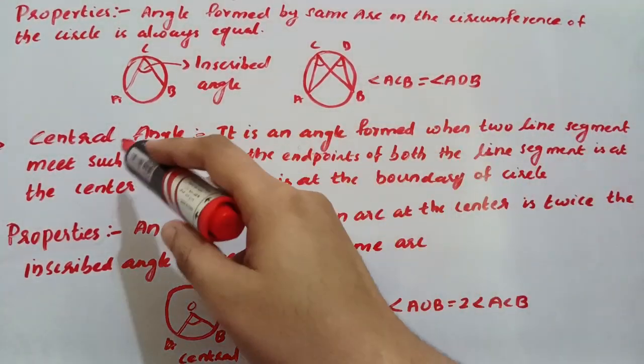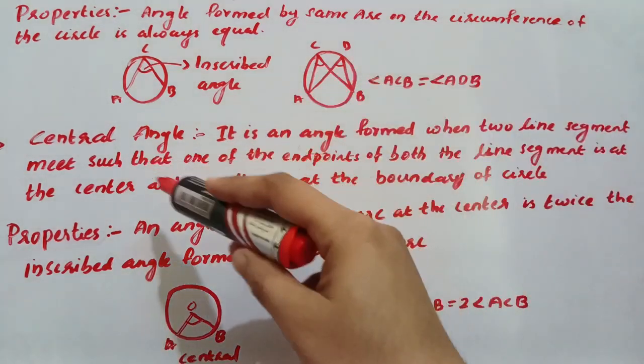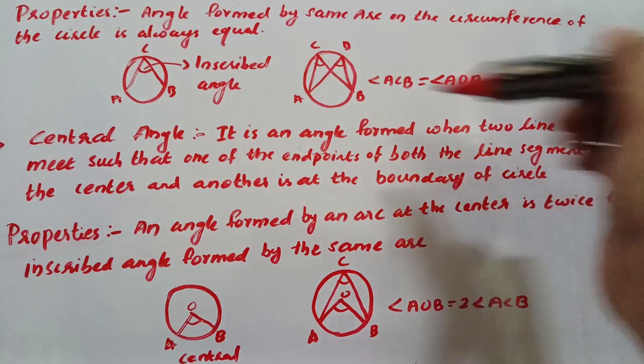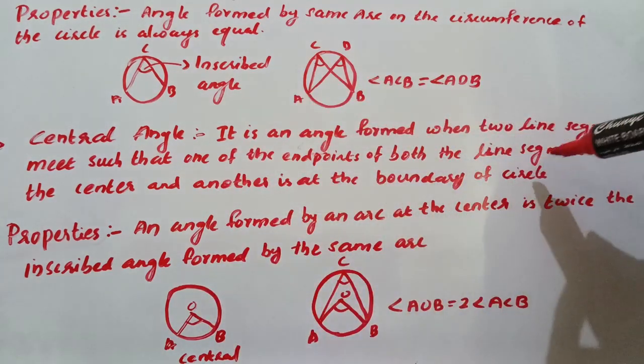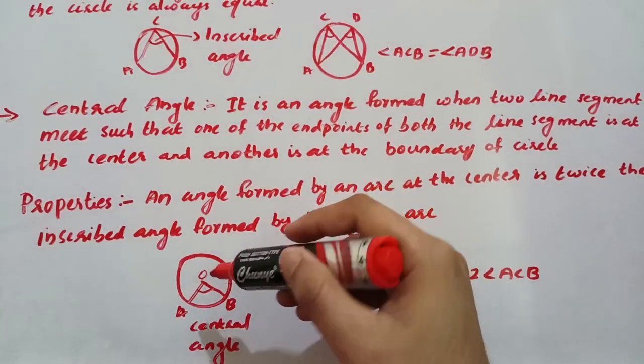Next we can look what is central angle. It is an angle formed when two line segments meet such that one of the endpoint of both the line segment is at the center and another is at the boundary of circle. Figure shows the central angle.